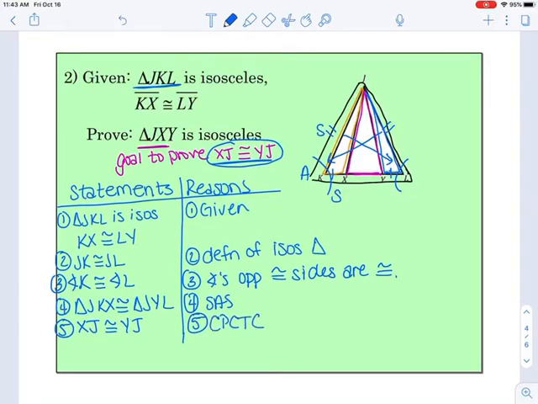Corresponding parts of congruent triangles are congruent. Now that I have that, I do have the two sides of the triangle congruent, so now I can go ahead and say that triangle JXY is isosceles. And again, why is that? Definition of an isosceles triangle. Okay, again, the definition is that it has two congruent sides. You just prove the two sides congruent.